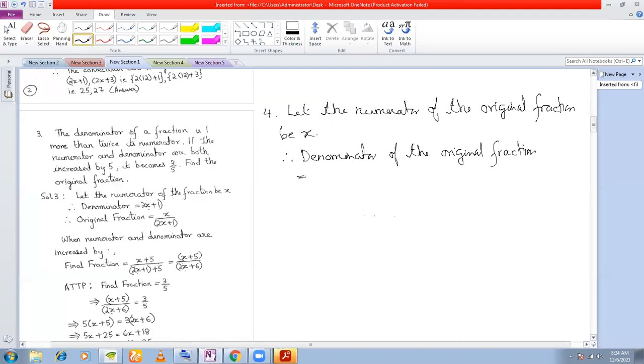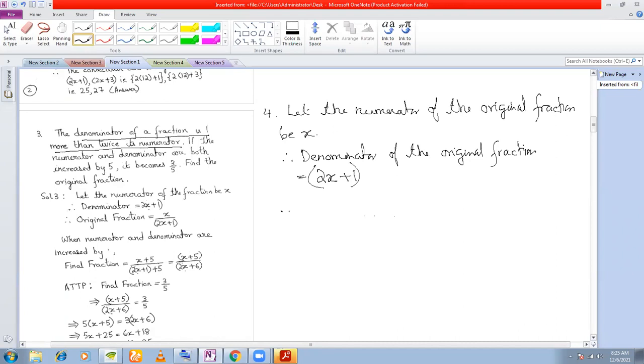Twice the numerator is 2x, and 1 more than twice the numerator means 2 into numerator plus 1, right?